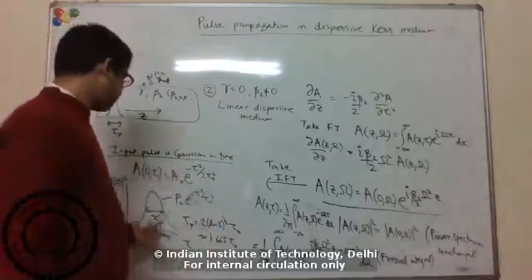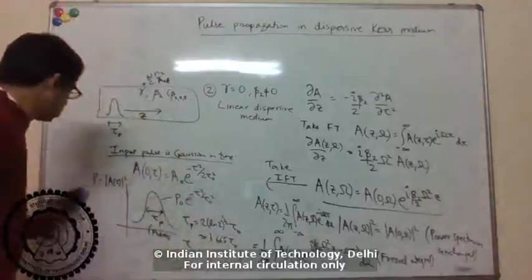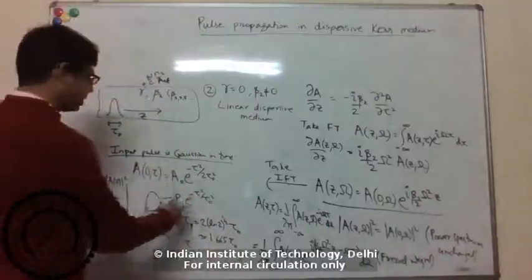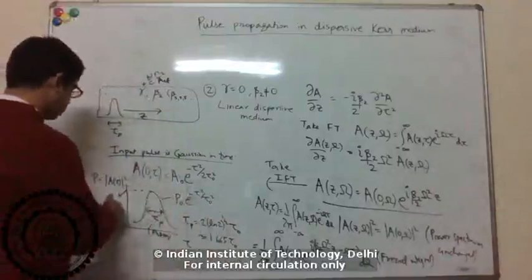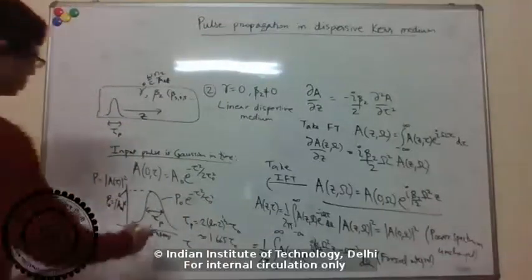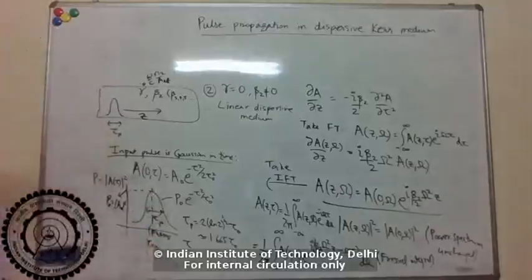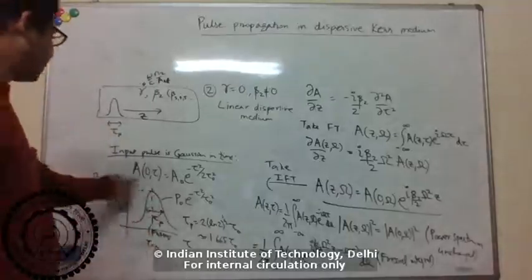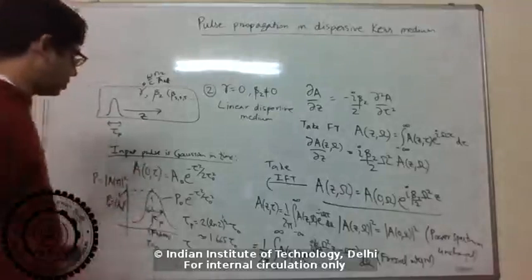Basically, tau naught is some constant which is determining the width of the pulse. And P naught, the peak power here, is mod A square at tau equal to 0, right? So tau equal to 0 is the center of the pulse. Remember we had normalized A such that mod A square gives me power. Okay, so that's my input pulse.